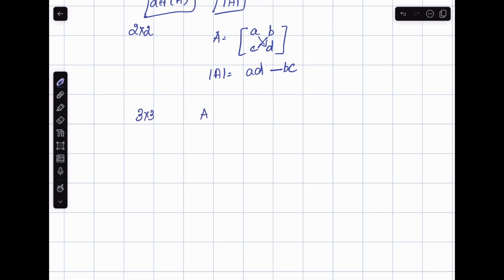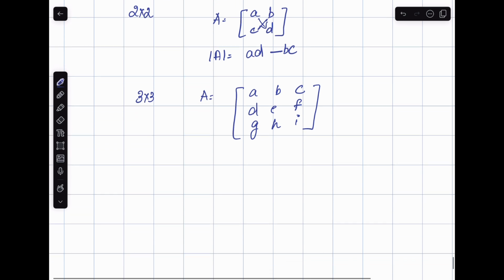How to find the determinant of 3 cross 3? Suppose I have A, B, C, D, E, F, G, H, I. Then I will take the first row, or you can take any row to find it. I hope you know this. You've been studying this from maybe 7th or 8th grade. So determinant of A is equal to A into (E into I minus F into H).